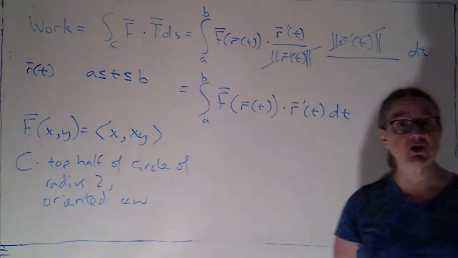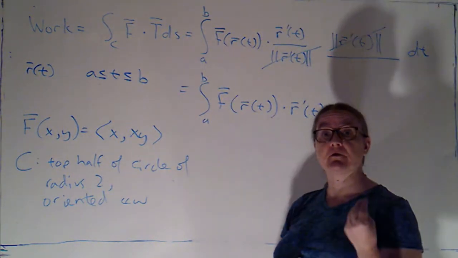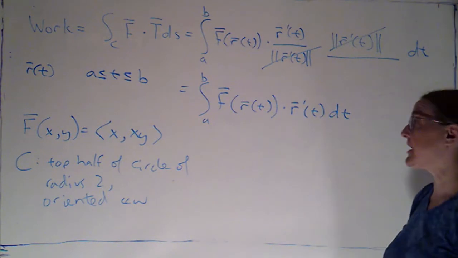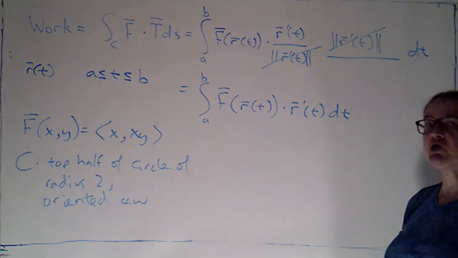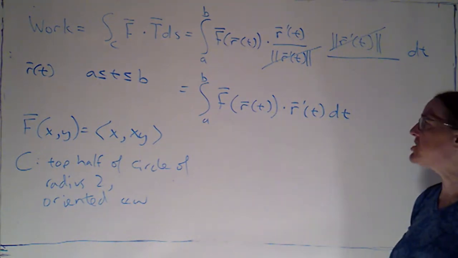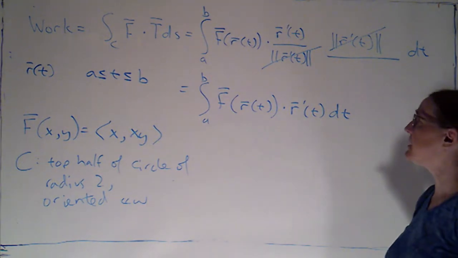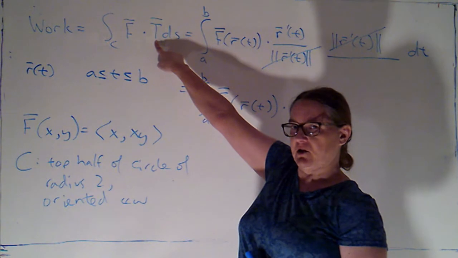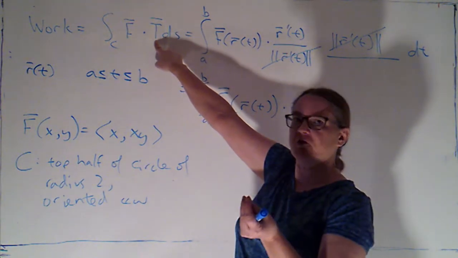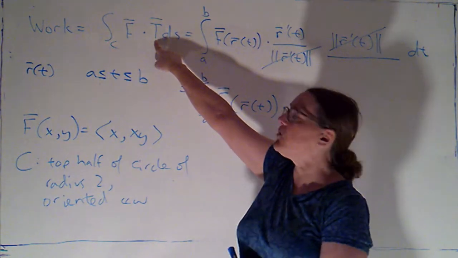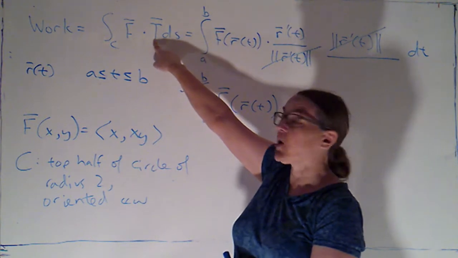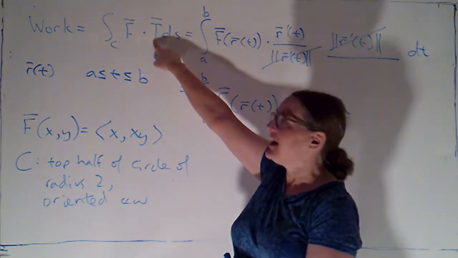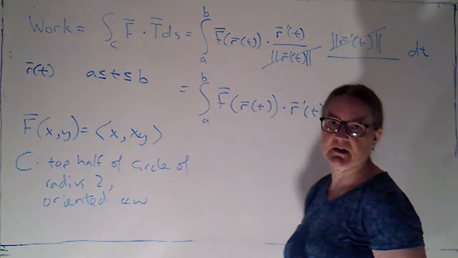So the orientation absolutely makes a difference about whether the force is helping or hurting the particle. For a general line integral, changing the orientation doesn't change things. But for a work integral, that unit tangent vector encodes the direction of the curve. So changing the orientation changes part of the integrand, and therefore it does affect things for work integrals.